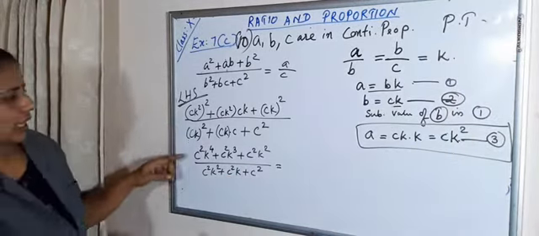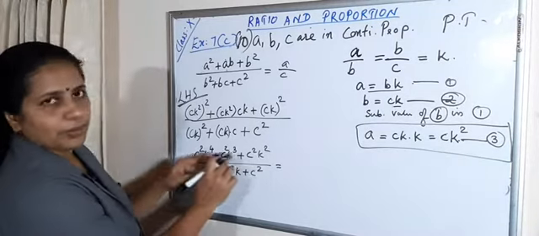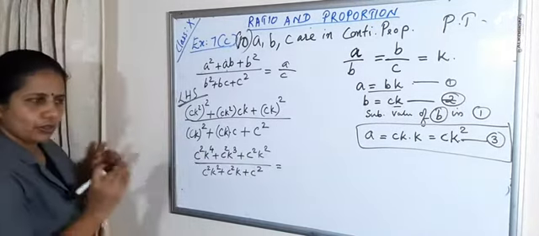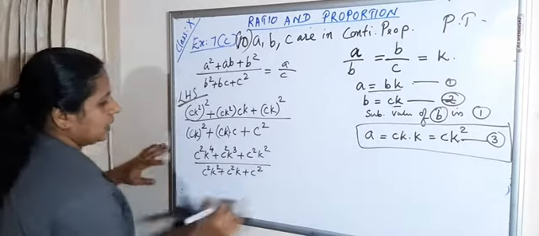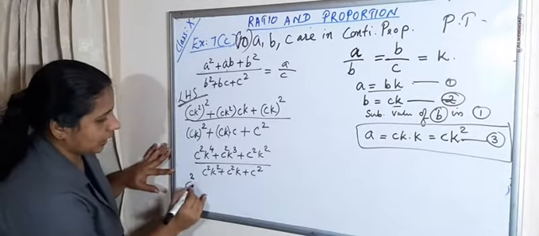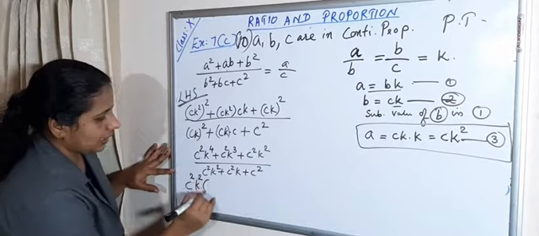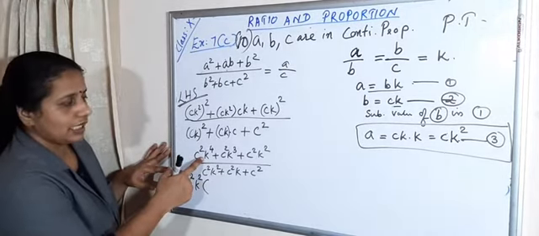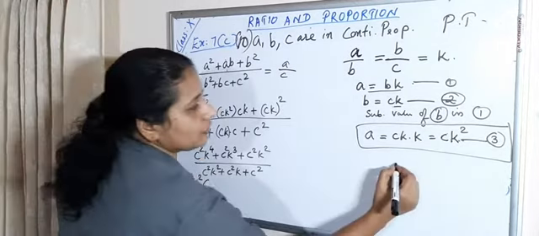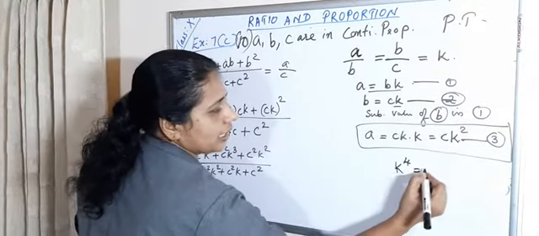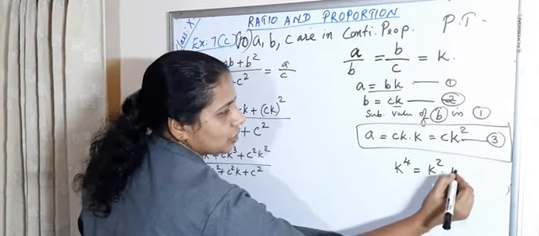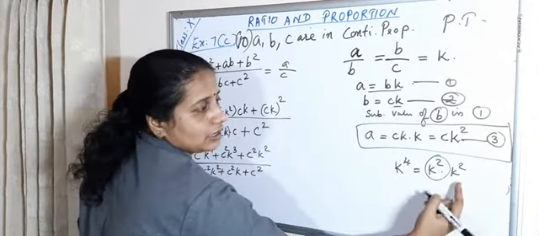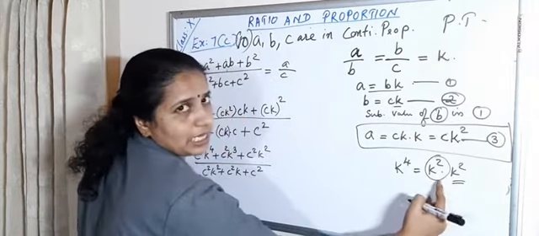Okay. Now c² k² is common in all terms in the numerator, so you can take it outside. That is equal to c² k² times. When we take k square from k to the power 4, k raised to 4 is k square into k square, the left term is k square itself.